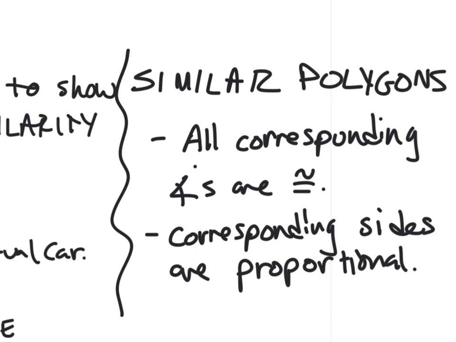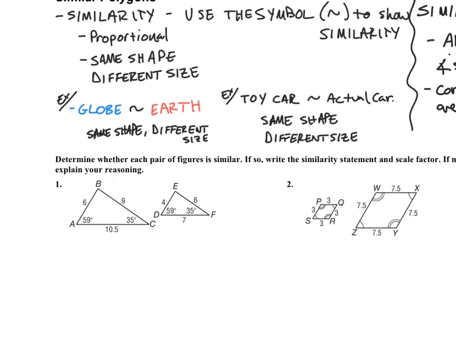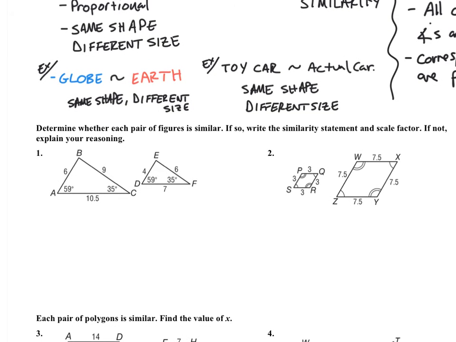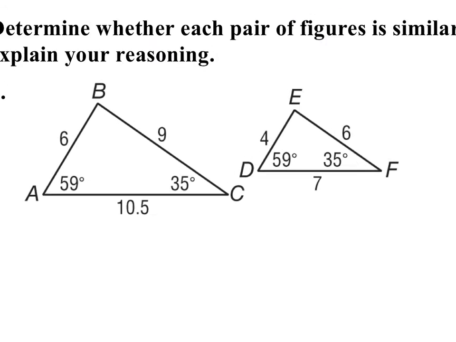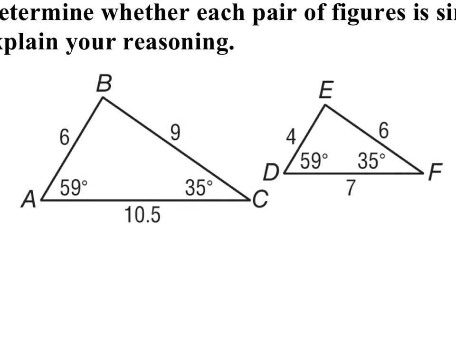I'm going to do a couple problems with you, numbers 1 and 2. The directions say to determine whether each pair of figures is similar. If so, write a similarity statement and a scale factor. If not, explain your reasoning. The first thing I want to do is label my congruent angles. Angle A is congruent to angle D because they're both 59 degrees.